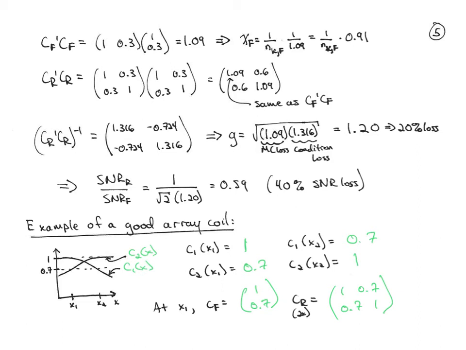So next we're going to calculate both the fully sampled SNR as we did in this case, because that is what we are trying to maximize if we're using an array coil and no parallel imaging acceleration. Whereas G factor is what we're trying to minimize. Sorry, we're trying to minimize the noise variance in this case. We care about the noise variance of the fully sampled acquisition, and we care less about the G factor.